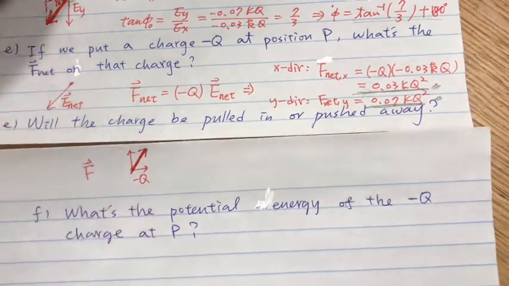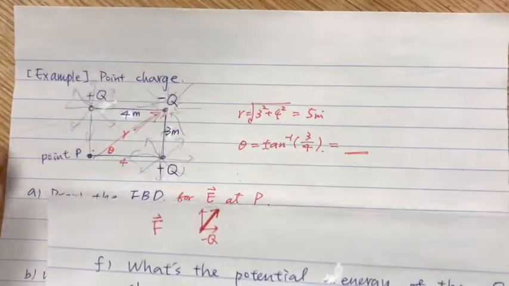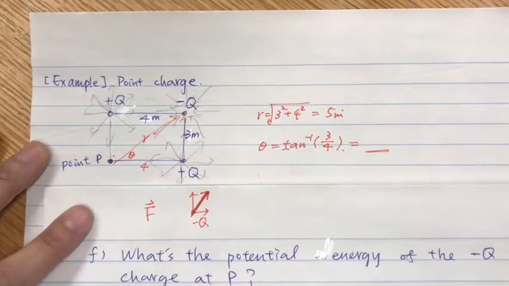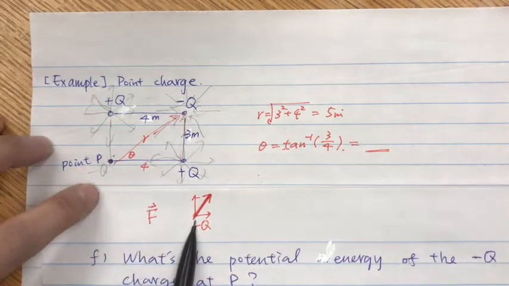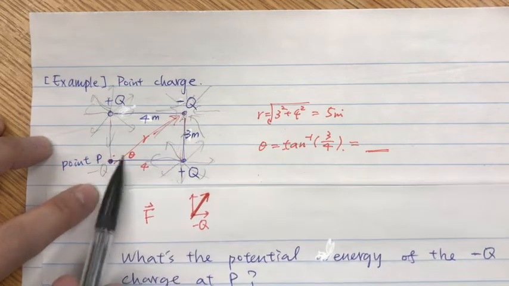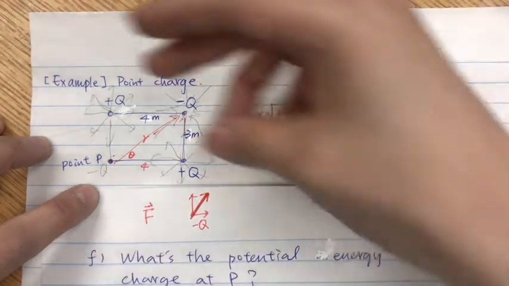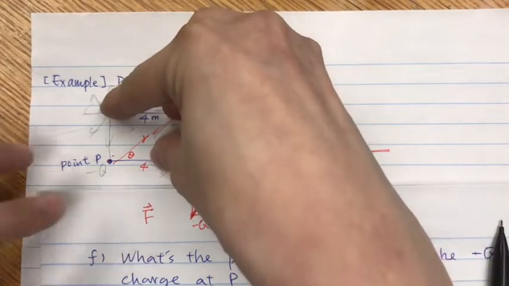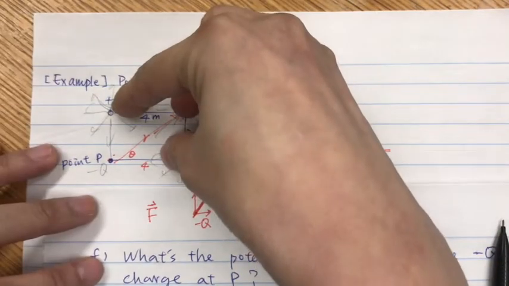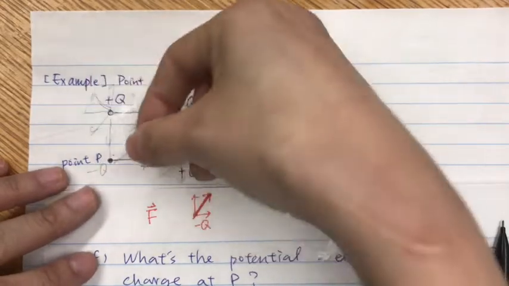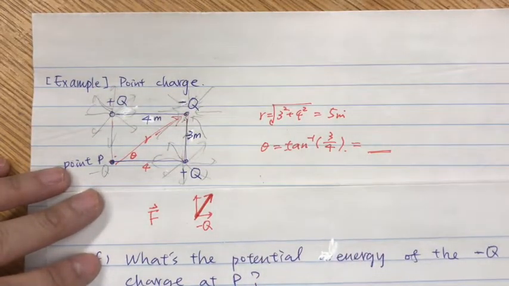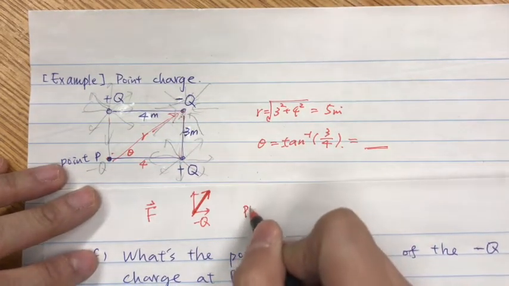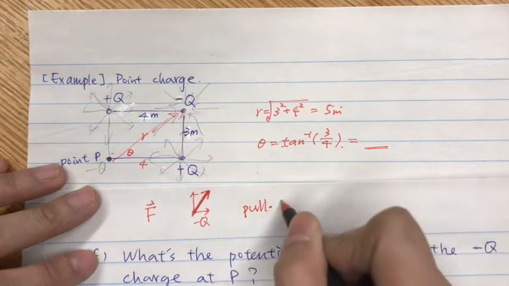And what it means is, if I put a negative charge on this P, it will feel a net force pushing in this direction. So it seems like the net effect of these three charges is that they eventually pull this inward, into their little group. So this is pulling.